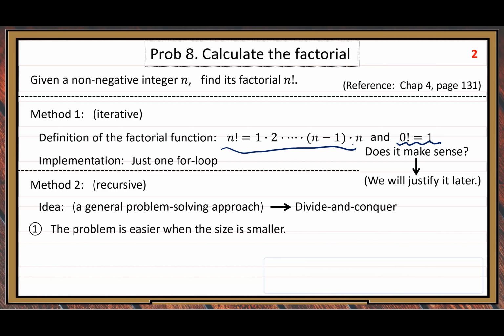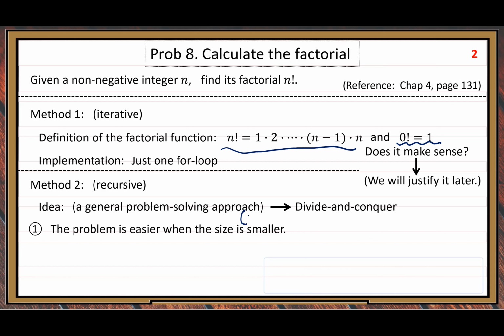The first general fact is that the problem is easier when the size is smaller. This is a general principle. There could be some exceptions. When we say general principle, most of the time it is correct, but we still allow some exceptions.